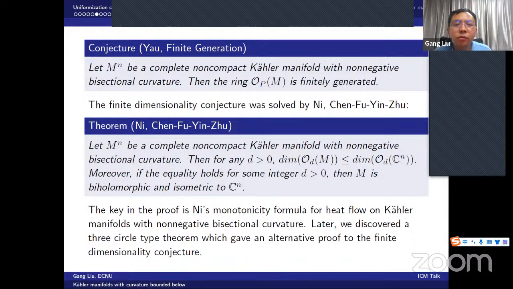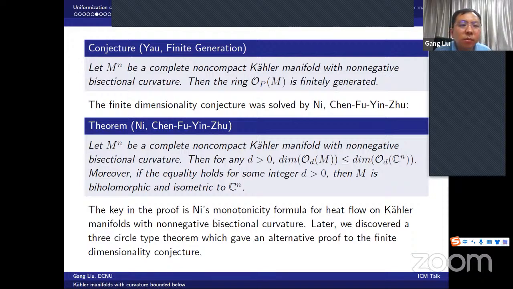We notice that O_P(C^n), where you consider C^n with a flat metric, is identified with the polynomial ring, and that's generated by the coordinate functions z1, z2, up to zn. So on this, we will come to these four conjectures.